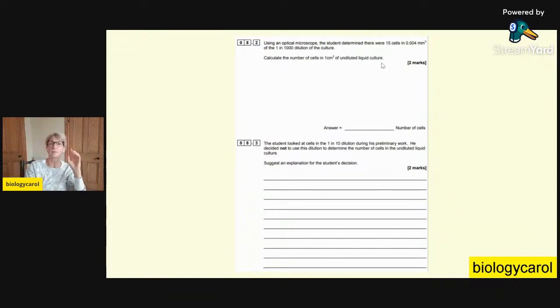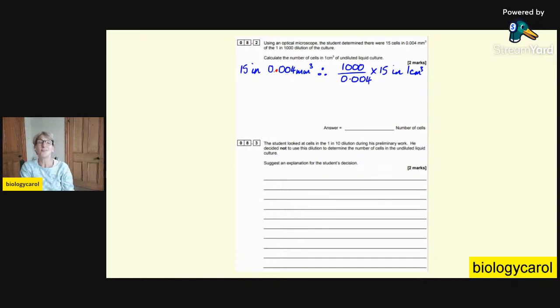Potentially quite scary. So, first of all, I scale up. Let's break this down. How many cells would there be in a centimetre cubed of diluted culture? This is what I did first. If there's 15 in 0.004 millimetres cubed, this is the scaling up that I need to do to work out how much there is in a centimetre cubed.